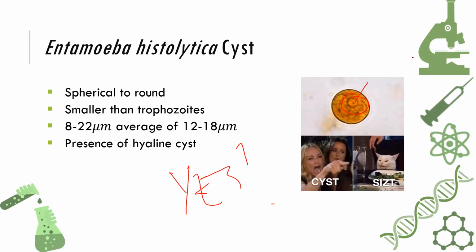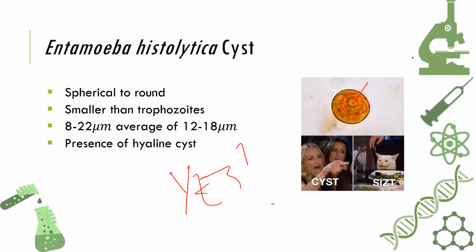Okay. The size of Entamoeba histolytica is somehow similar to the size of our polymorphonuclear cells. That's why these polymorphonuclear cells become what we call confusers. Kung siya ba talaga ay Entamoeba histolytica or a WBC. How are we going to differentiate that? Yung mga lobes.